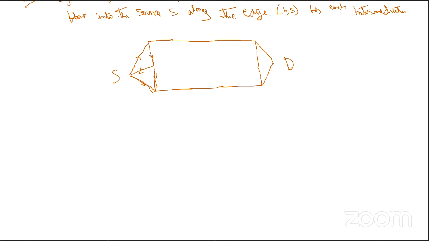S has out degrees, the arrows are out degrees. There is one in degree.